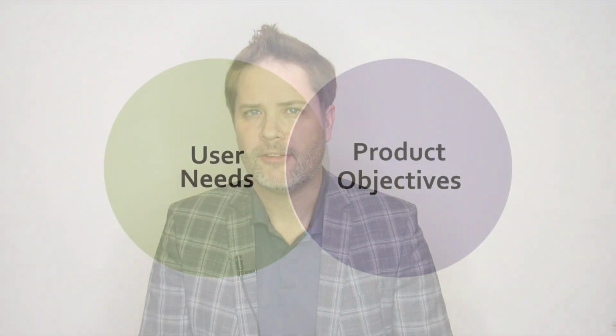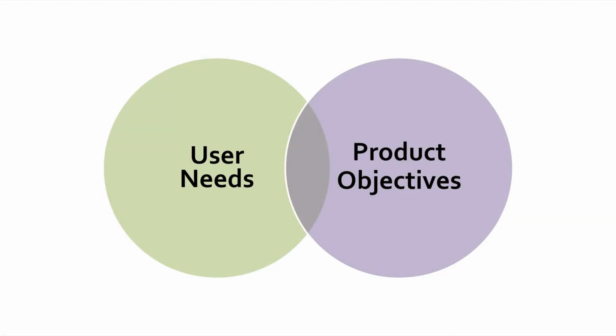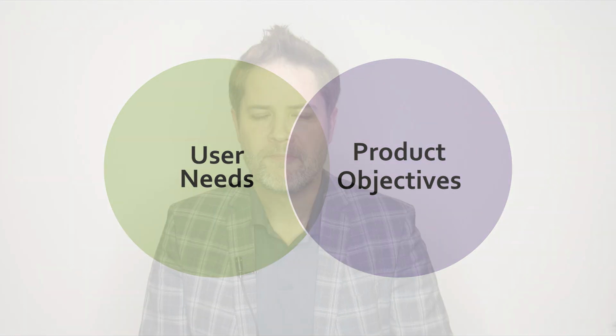That product in this case is going to be a digital experience, either on the web or through an app or some sort of other tangible digital product. For most professionals in this space, user experience is really a juxtaposition of a user need against a product objective. That product, of course, being something in the digital space.